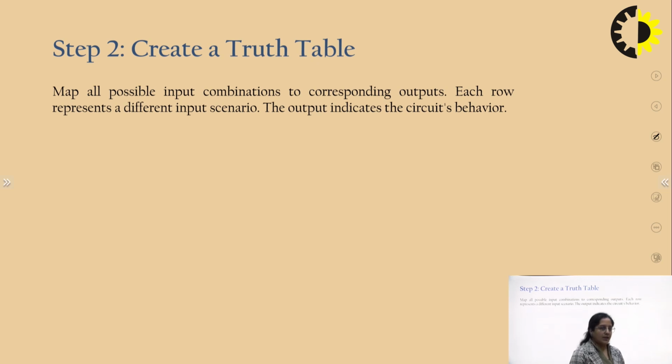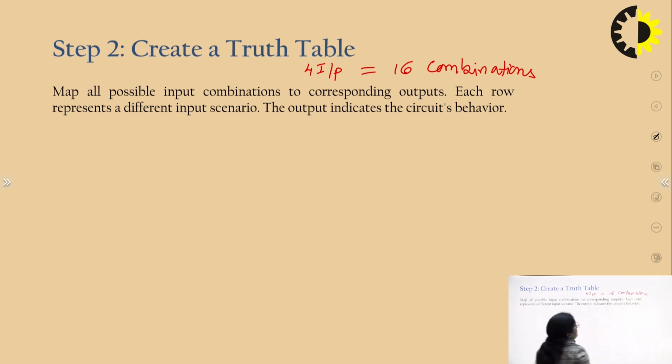The requirement is that the input is of 4 bits, and for each input combination, we must have a 2's complement output. When we have a 4-bit input, we have 16 combinations, starting from 0 to 15.